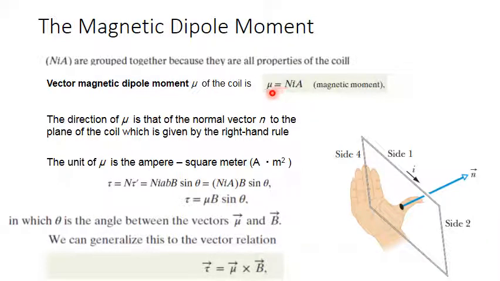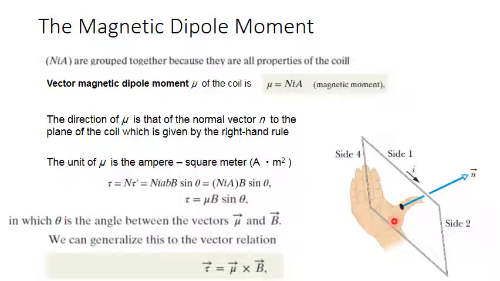The remaining part: what is the direction of this vector magnetic dipole moment? To obtain the direction, we will put our right hand on the loop and move our four fingers in the direction of the current and close them. Our thumb will be the normal to the loop in this case.